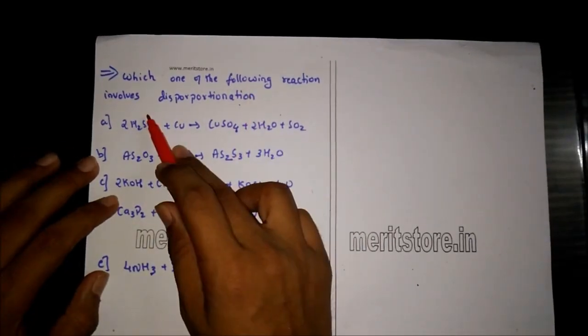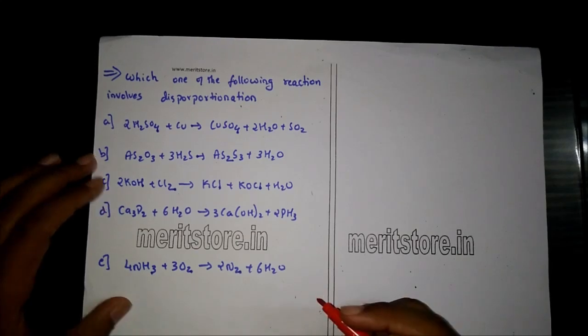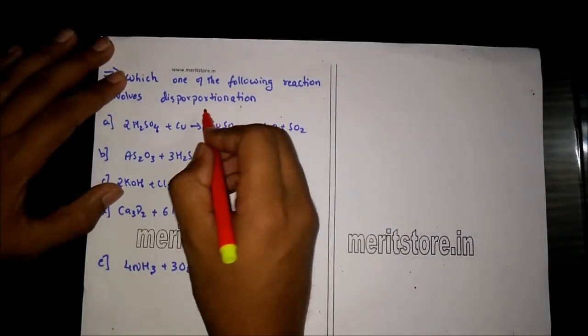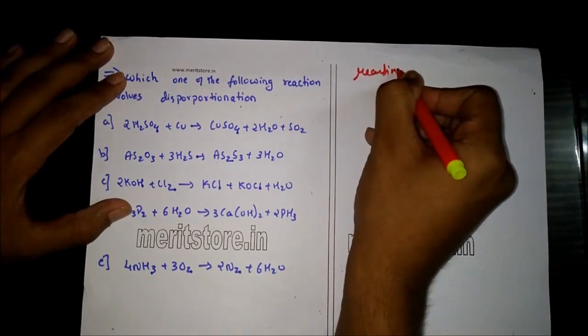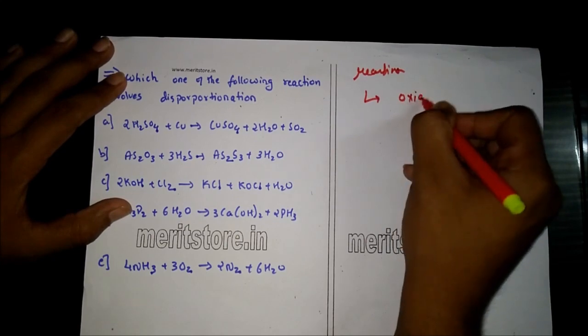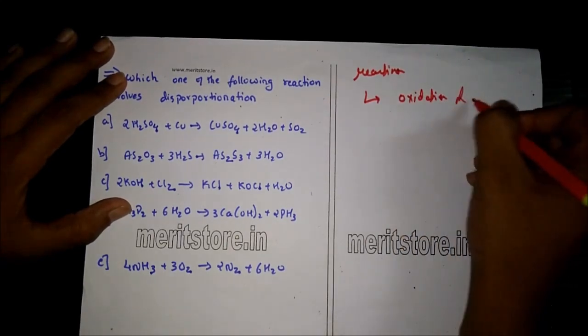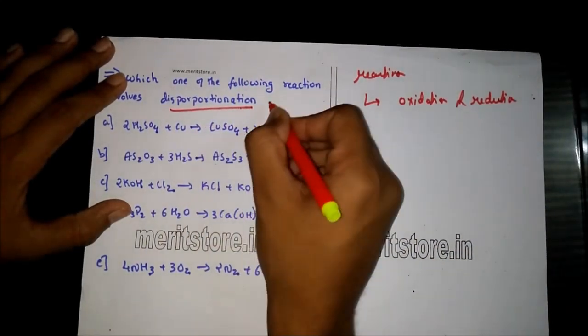Which one of the following reactions involves disproportionation? These are the following options. Now, first let us define what is a disproportionation reaction. A reaction in which a substance undergoes simultaneous oxidation and reduction is called a disproportionation reaction.